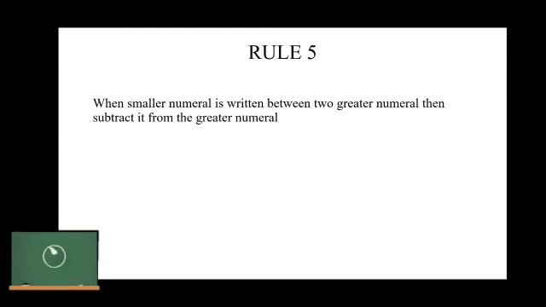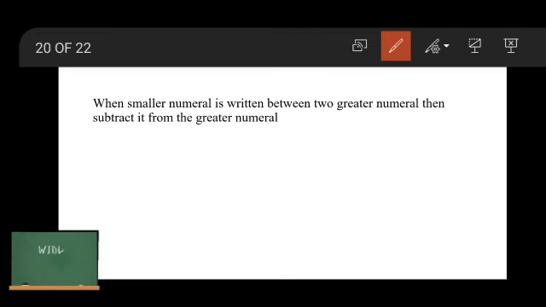Rule 5. When the smaller numeral is written in between two greater numerals, then we have to subtract it from the greater numeral. 19 is represented as XIX. We know that X is 10, and here the smaller numeral is in between the two greater numerals.